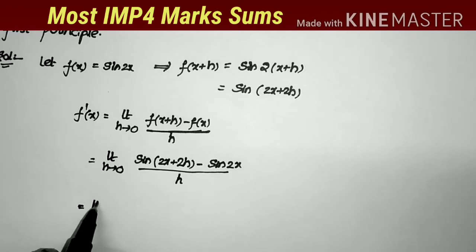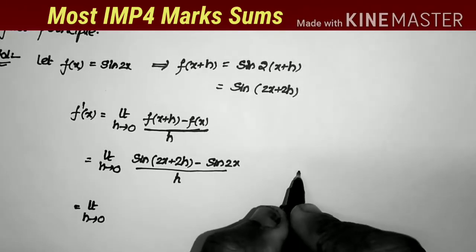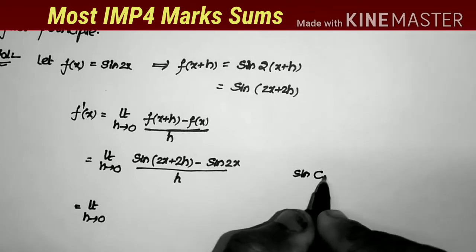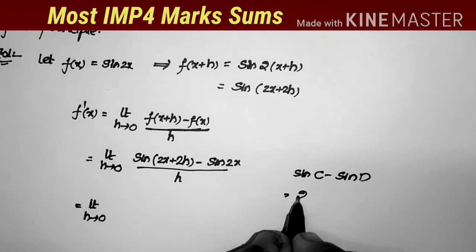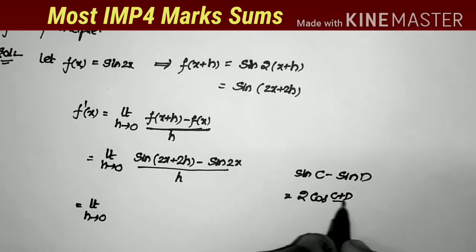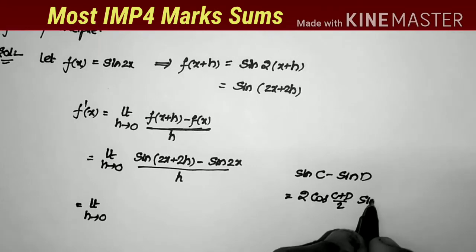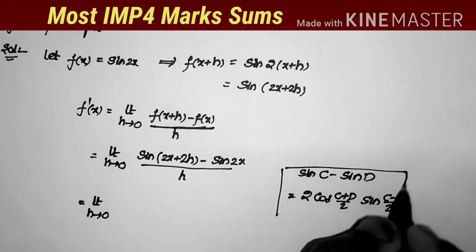Now this is in the form of sine c minus sine d. What is the formula for sine c minus sine d? Sine c minus sine d is equal to 2 cos of c plus d by 2 into sine of c minus d by 2.